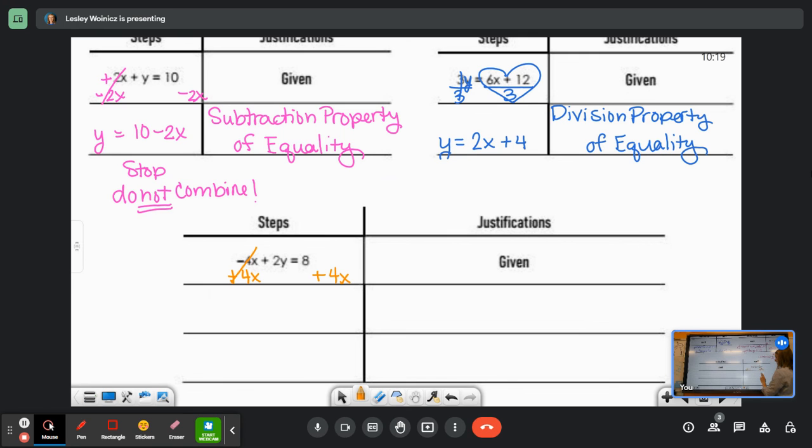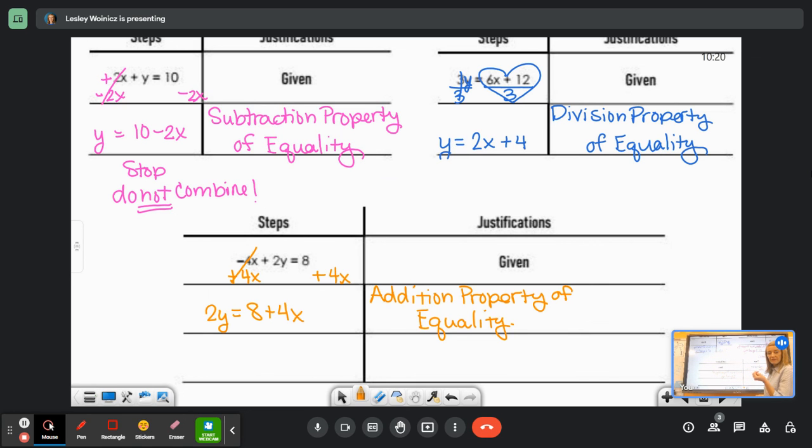Okay, these cancel, they make 0. Okay, and I've got 2y equals 8 plus 4x. That was the addition property of equality. Okay, the next thing I have to do is get rid of the coefficient 2 that's being multiplied with my variable y.